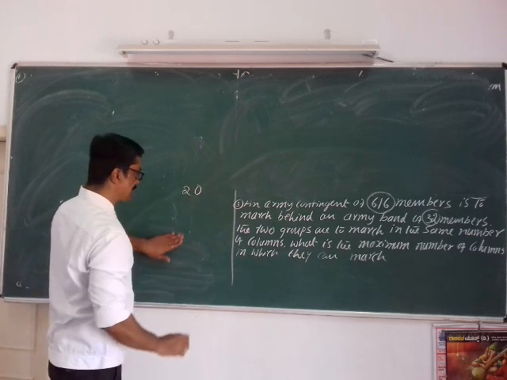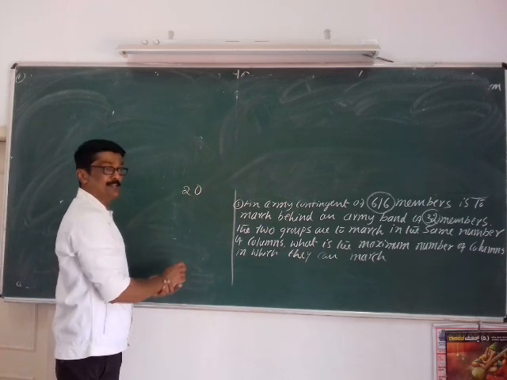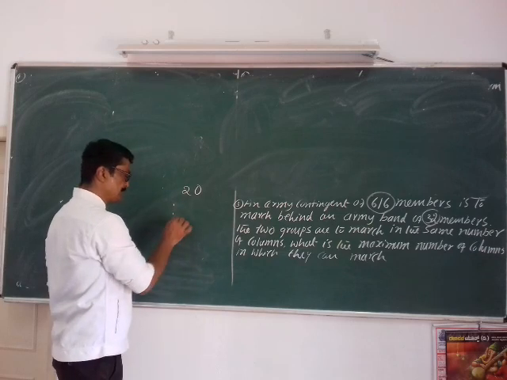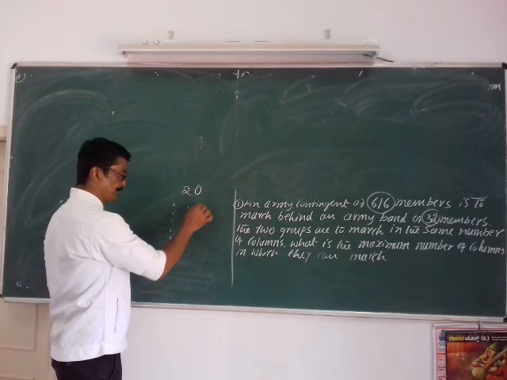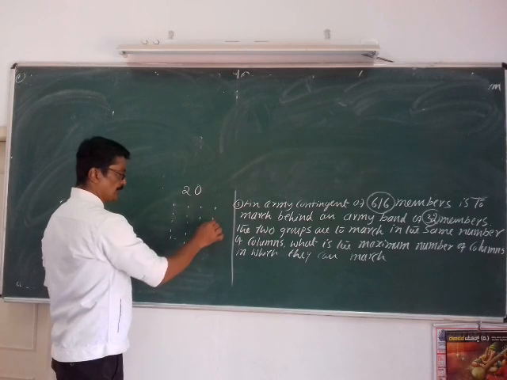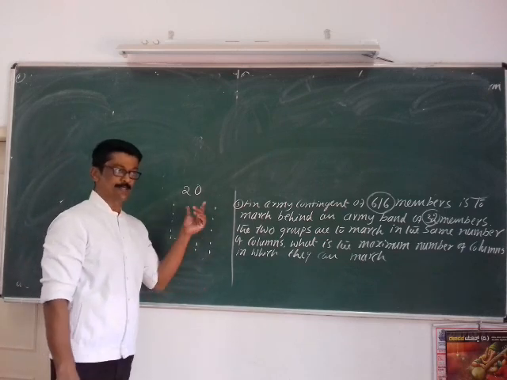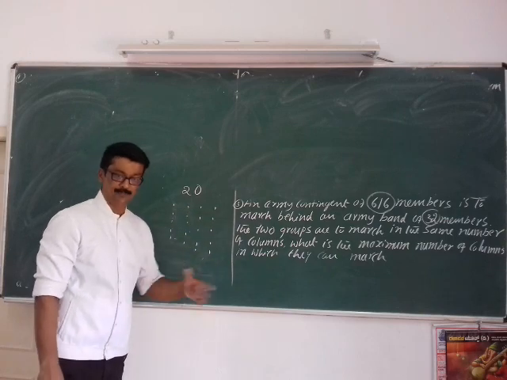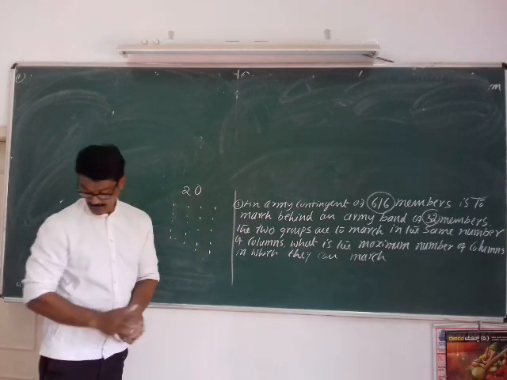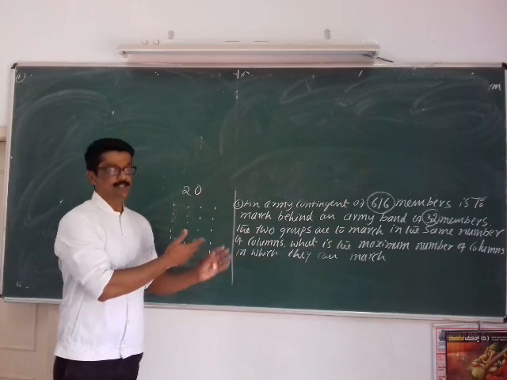If I want to make 4 columns, I divide it by 4. So each column contains 5 students. If you want 4 columns, divide the number by 4. If you want 5 columns, you divide it by 5. If you want 2 columns, divide it by 2.